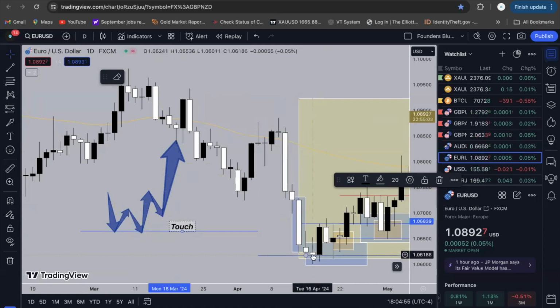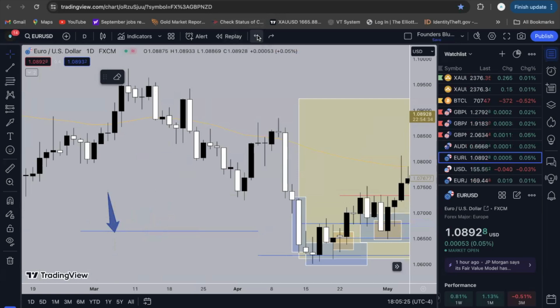Something like this would be considered a touch. When you get a touch, you're looking for buys. As soon as we approach this level, we're looking for buy opportunities. All right, y'all got that? So that's a touch.